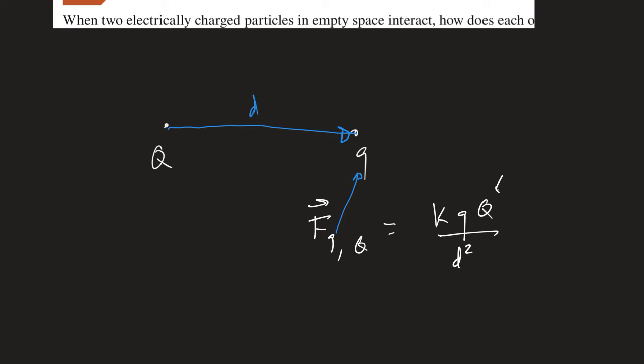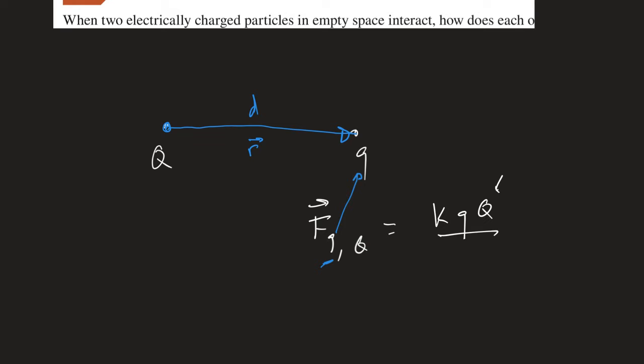The vector r goes from the source to the point of observation, to the point where little q is. So instead of writing d squared, it's better to write the magnitude of the vector squared.